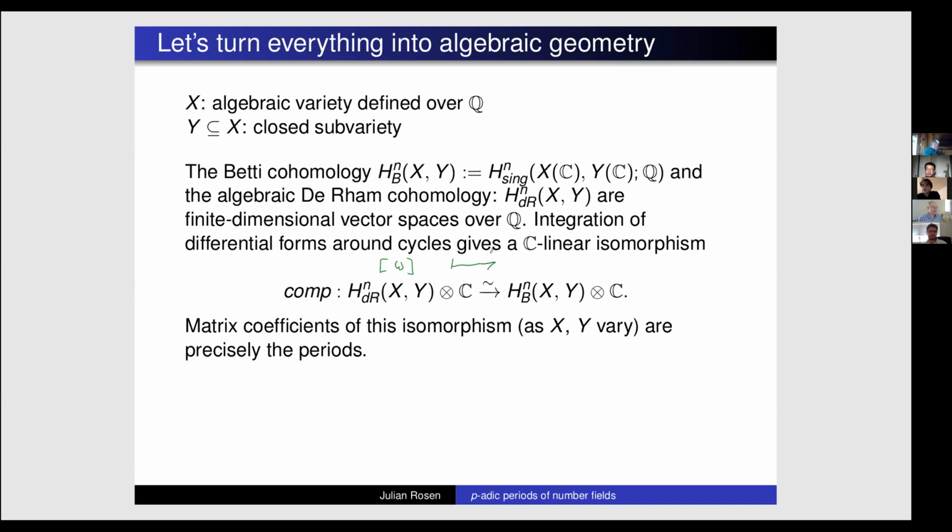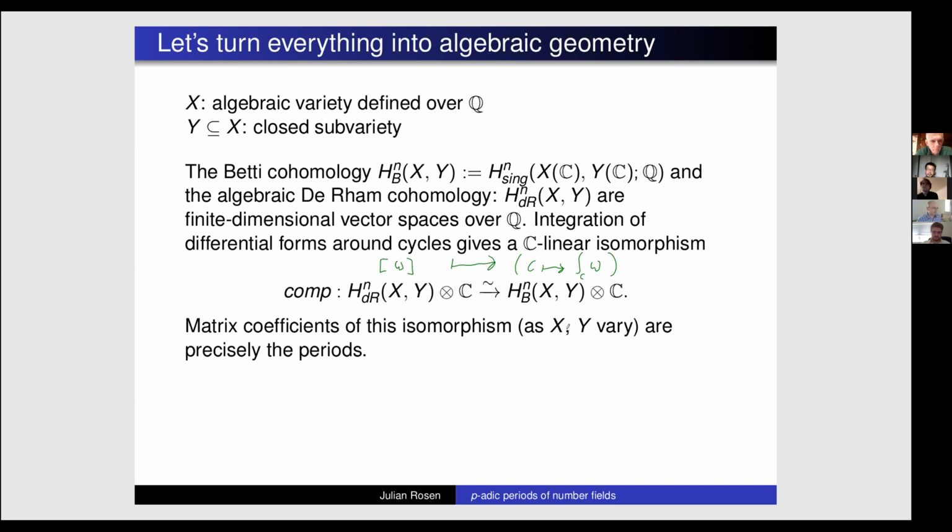And this then maps to an element of the Betti cohomology tensored with C, which you should think of as a complex valued function on cycles. This should be the function that takes a cycle to the integral of the form over that cycle. So this comparison isomorphism really does record the idea of integrating algebraic differential forms over algebraic cycles.